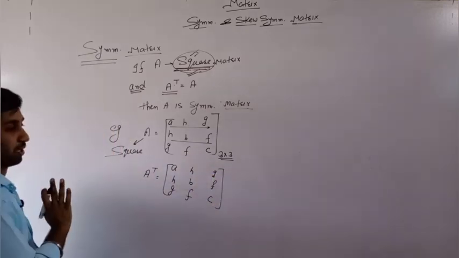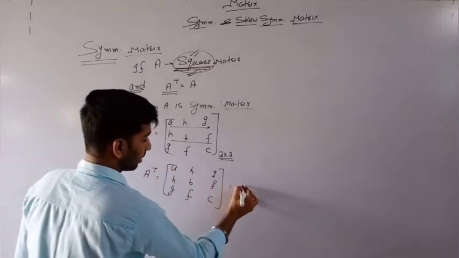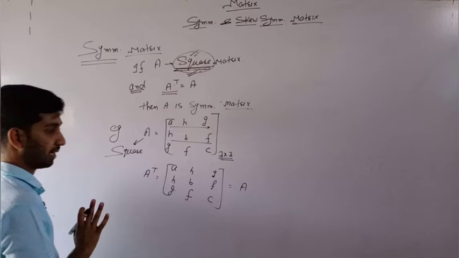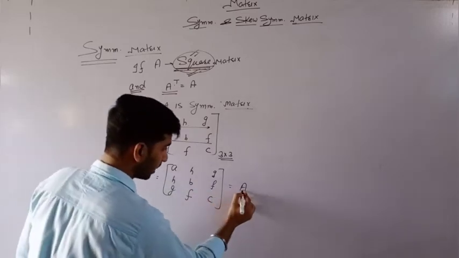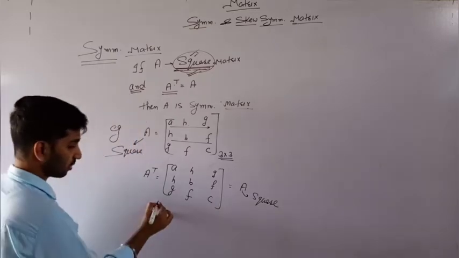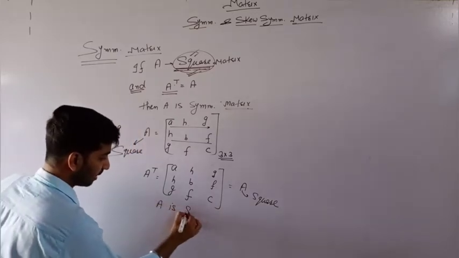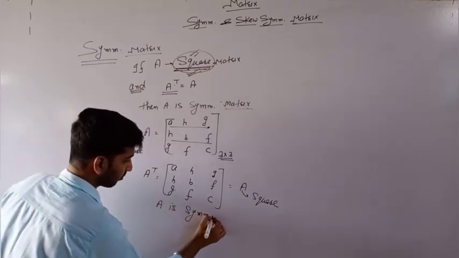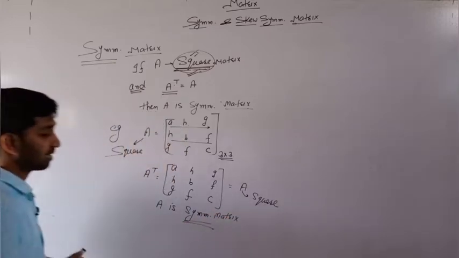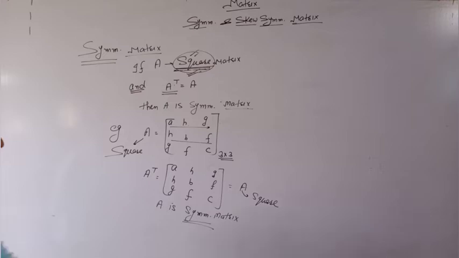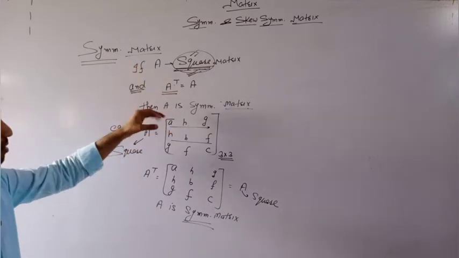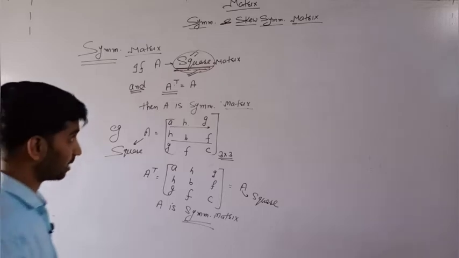This is the transpose of A. So A transpose is equal to A, and A is a square matrix, so we can say that A is a symmetric matrix. This is the definition of a symmetric matrix. If the transpose of a square matrix is equal to itself, then it is called a symmetric matrix.